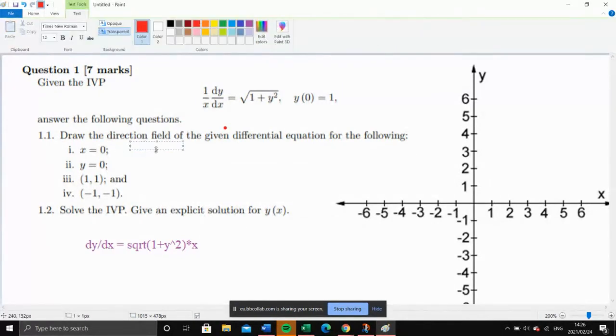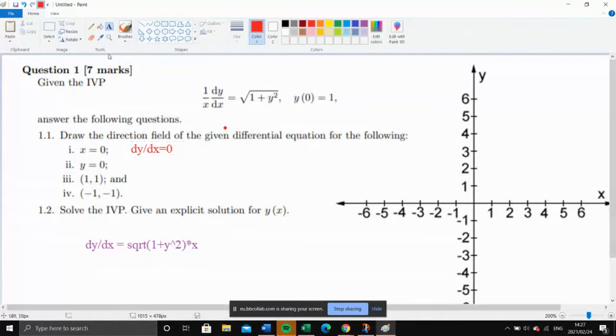So for x equal to 0, dy/dx becomes the square root of 1 plus y squared, all multiplied by 0. So dy/dx in this case ends up being 0 the whole way along.